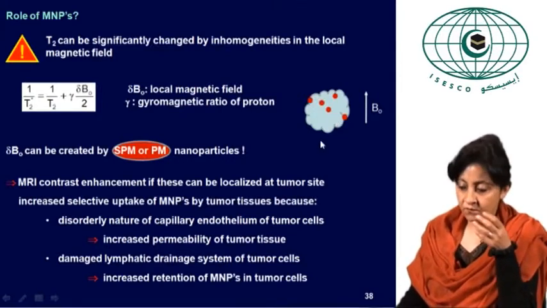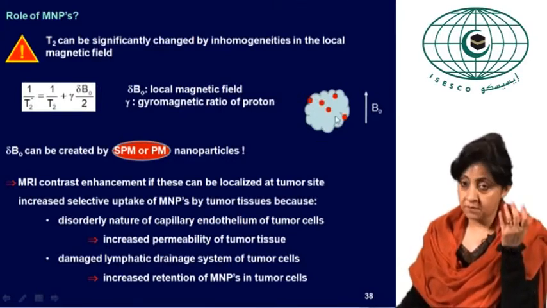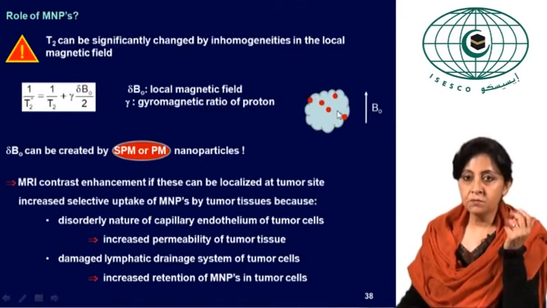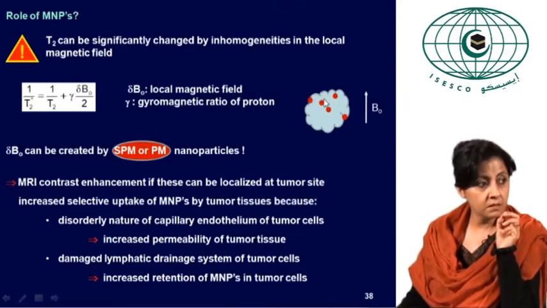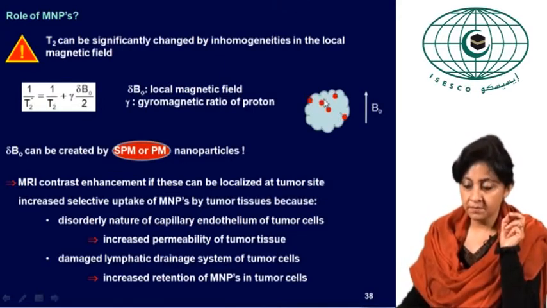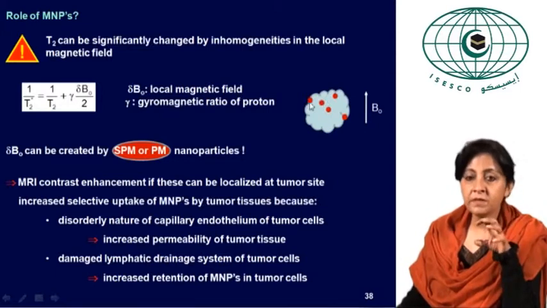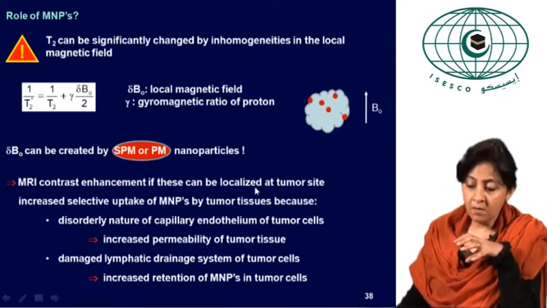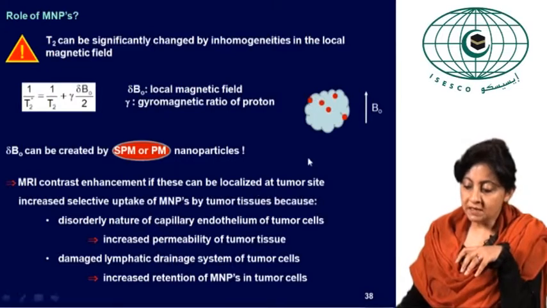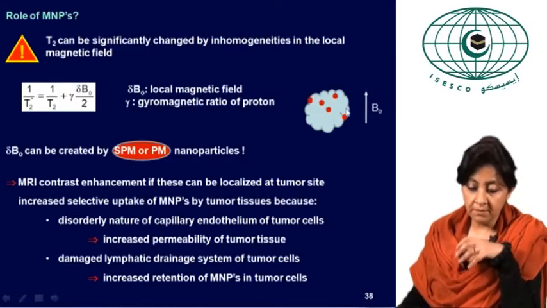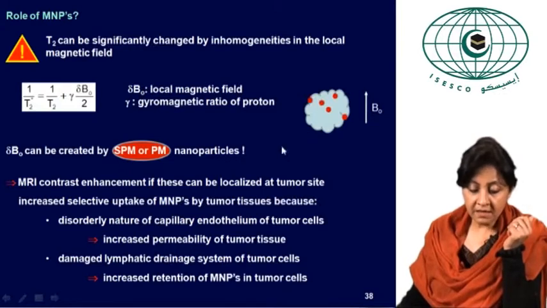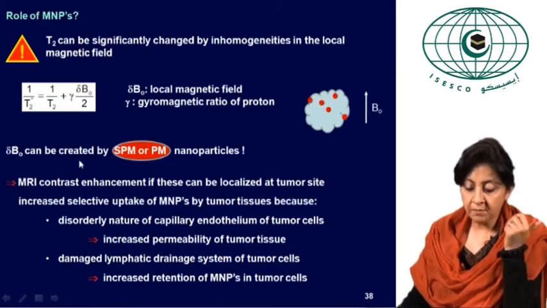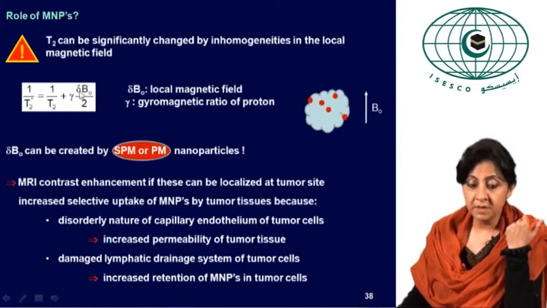So what one can do, if one can inject these nanoparticles, of course they have to be biocompatible, into some artery which is supplying a tumor, or place them directly at a tumor site, then they will be retained there. Once they're retained there, they create a local magnetic field around them because they're magnetic. And they can be superparamagnetic or paramagnetic nanoparticles, and they create a tiny magnetic field around them, delta B0.